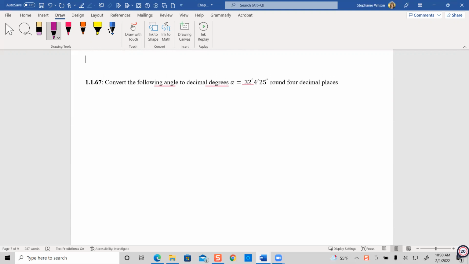What I know is that for every 1 degree, it is approximately equivalent to 60 minutes. Okay, so let's solve for it. The number in front of here, the degree, we're going to put it out front. That's my degree. Now this here is my minutes and this is my seconds.